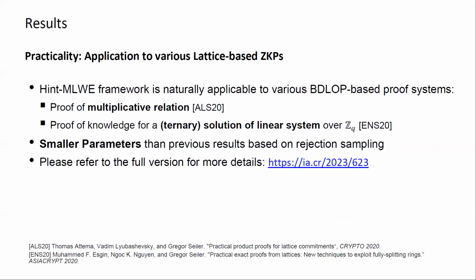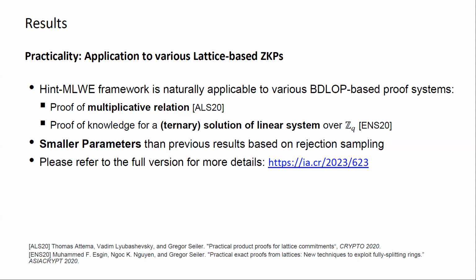And not just for the BFV encryption and the BDL commitment, we also applied our hint MLWE framework to more advanced ZKP proof systems. For example, proof of multiplicative relation and proof of knowledge for a Boolean solution for a linear equation over a finite field.